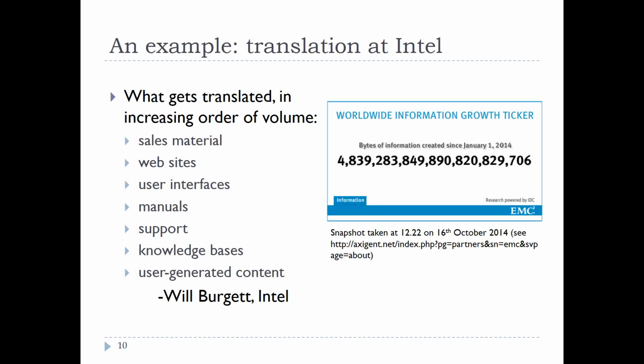On the right-hand side of the screen, you see a screenshot of what was called the Worldwide Information Growth Ticker, and you used to be able to watch that growing in real time, but they've subsequently taken it down.